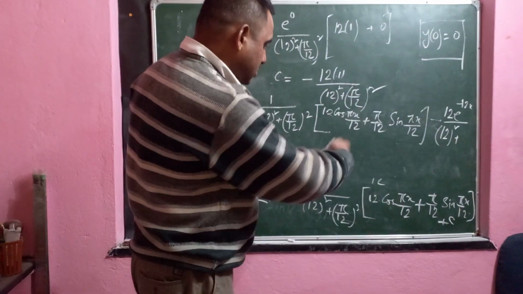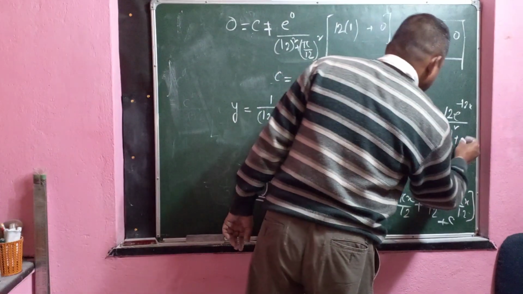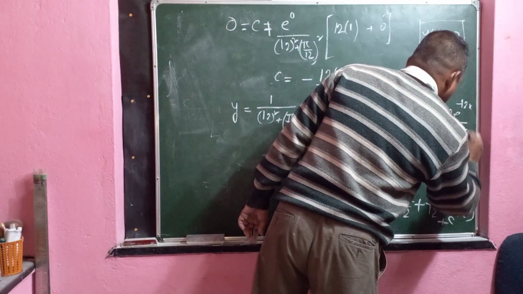I divided both sides by e to the power 12x, so this one cancels out, and then for c, this pi by 12 whole square.